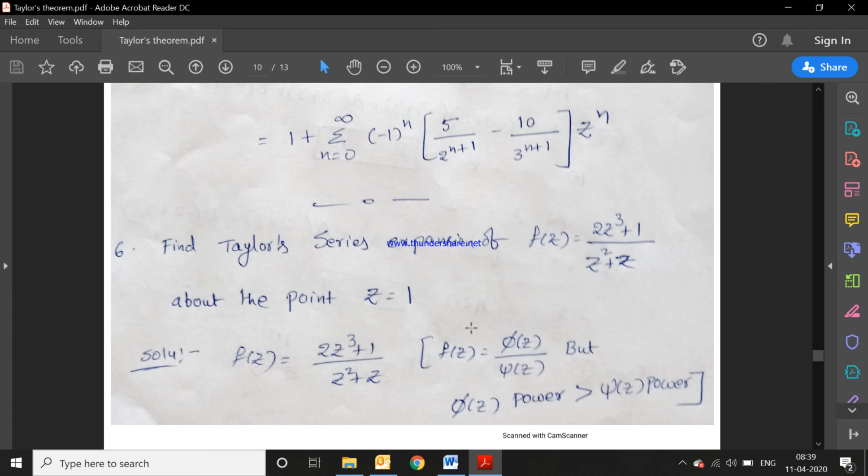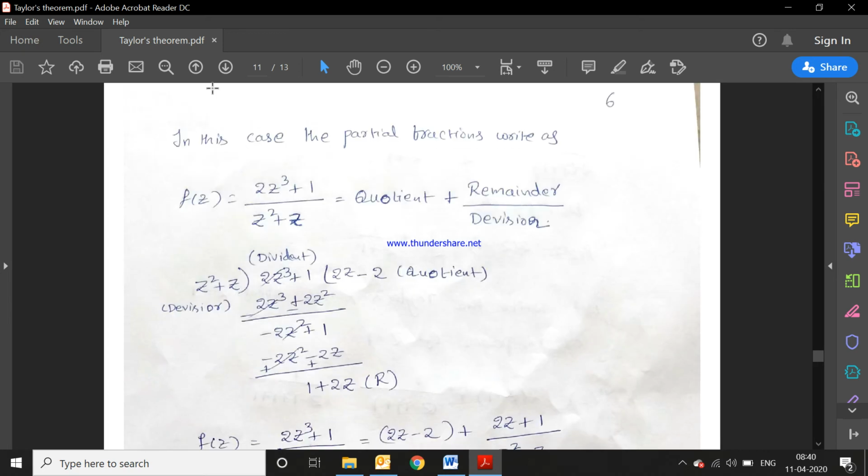Here the numerator power is greater than the denominator power. In this case, we write the partial fractions as f of z is equal to quotient plus remainder by divisor. So here the dividend is 2z cube plus 1 and the divisor is z square plus z.